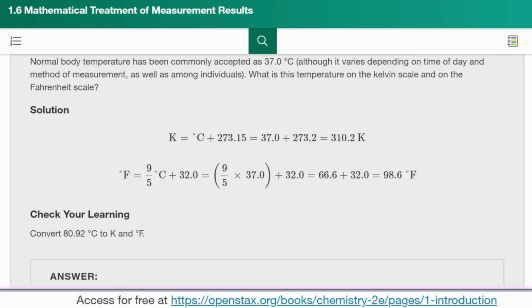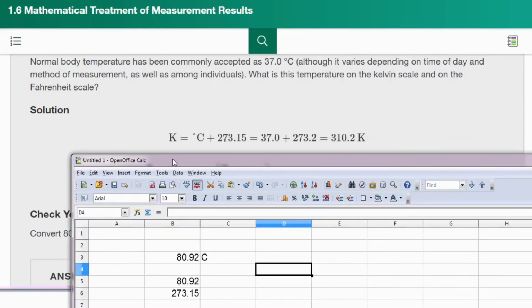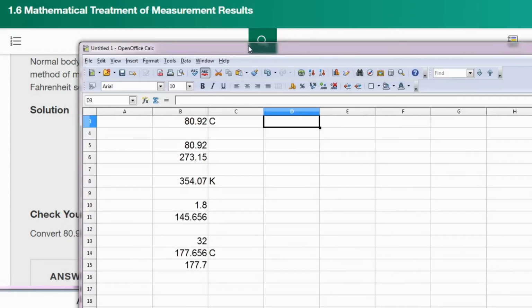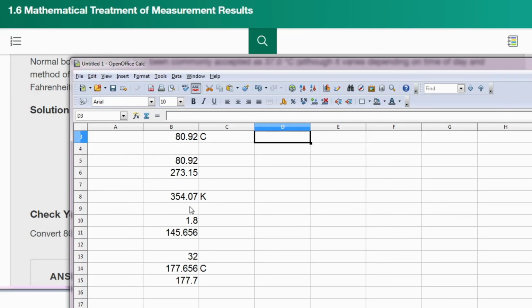Let me show it here on the spreadsheet. You can see I took 80.92, added 273.15 to it, and I got 354.07 Kelvin. And I just checked that the answer is correct.